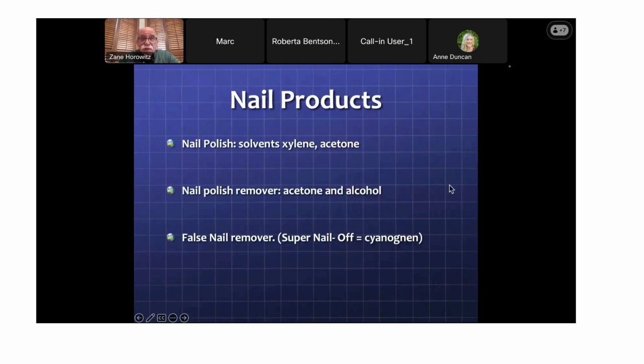Products for nail polishes are often just solvents. Some of them have acetone, some of them have xylene. There's a risk of aspiration with these because they're highly volatile. You would probably have to drink a lot of acetone to get ketotic, but generally it's not like toxic alcohols where you have to dialyze them or give them fomepizole.